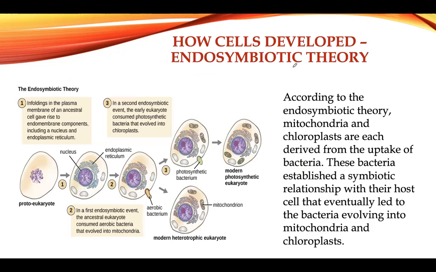Now, the endosymbiotic theory. We are actually improving; we discovered the microscope. Before that we had an idea. We used microbes to ferment our food. We made our wine. We made cheese. We didn't know, but still we used microbes.